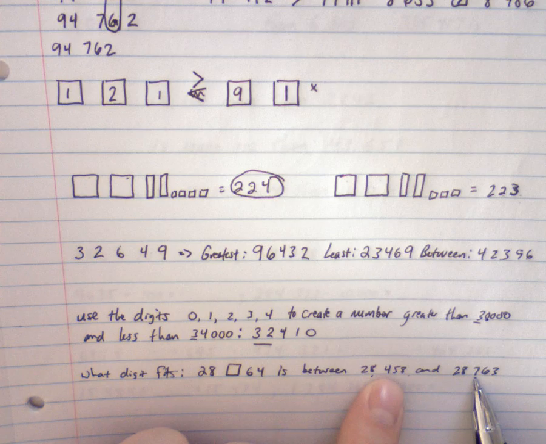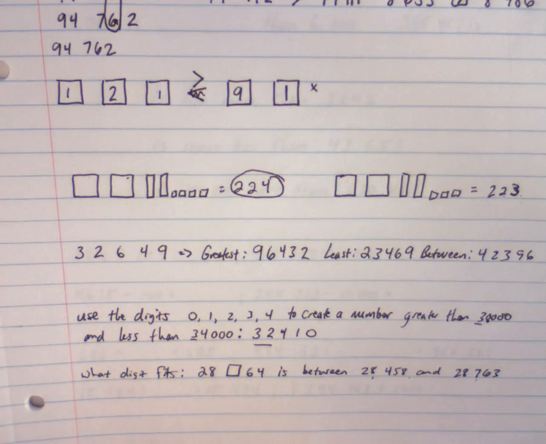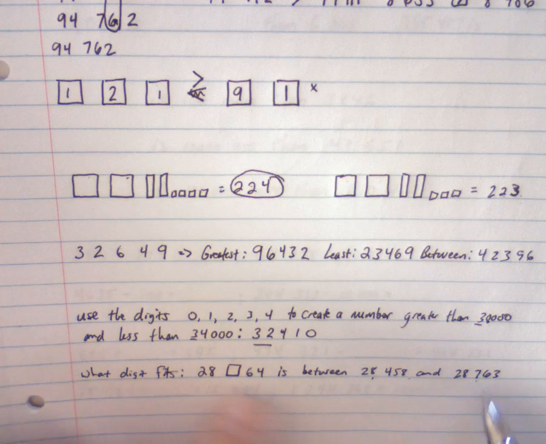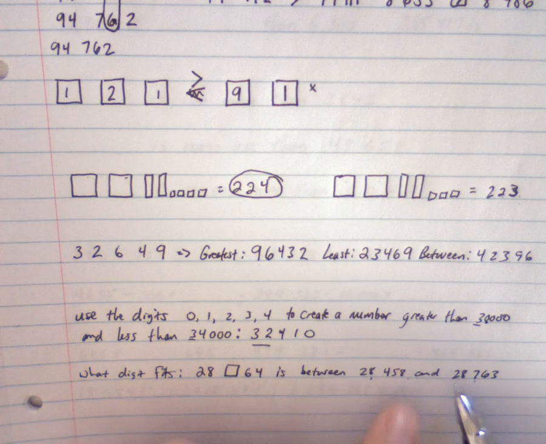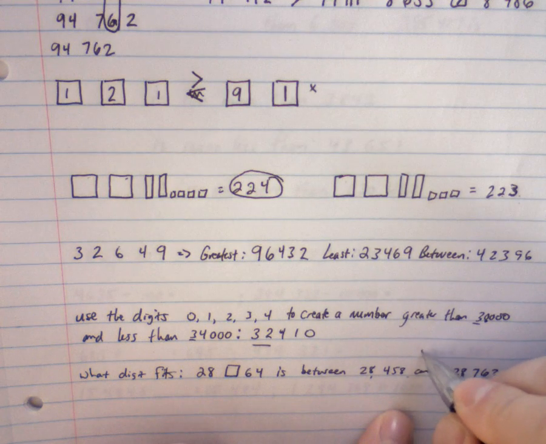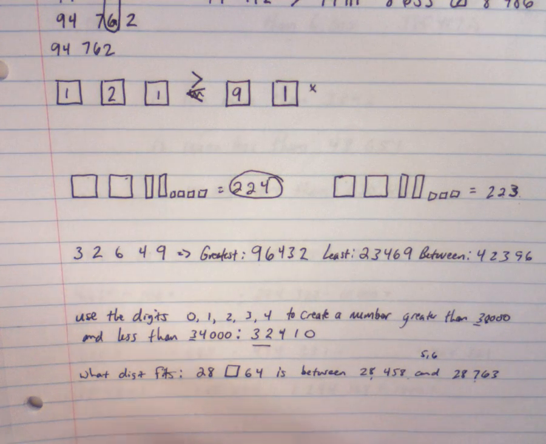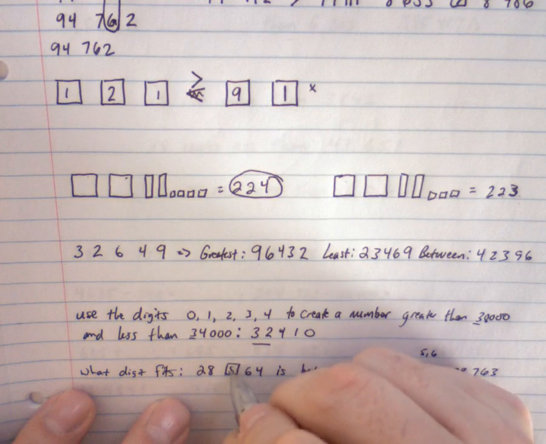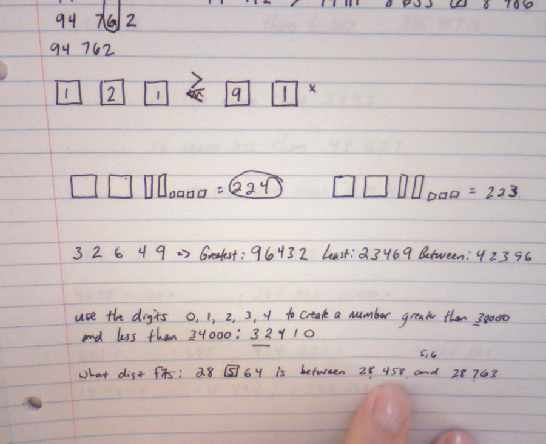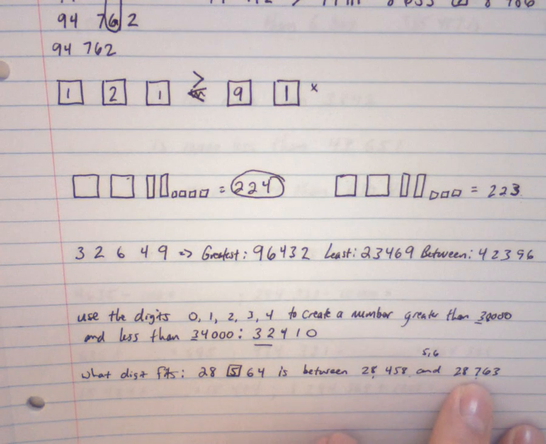If we use 4, it would be fine in this case, but it's not always going to be the case. So use a number between 4 and 7. What numbers do we have? 5 and 6. So let's use a 5 or 6. Okay, so let's put 5 in there. 28,564 is in between these two numbers.